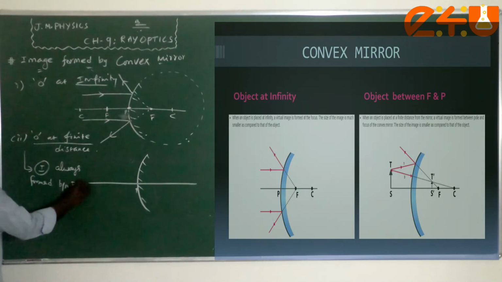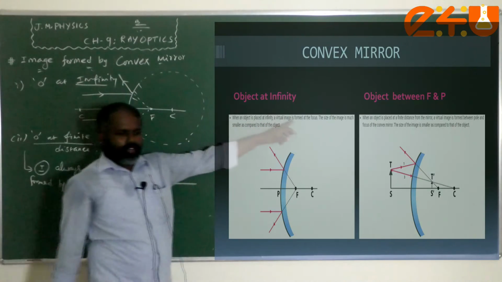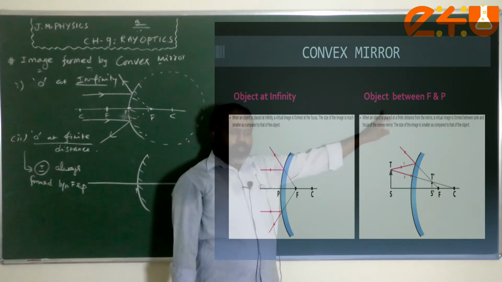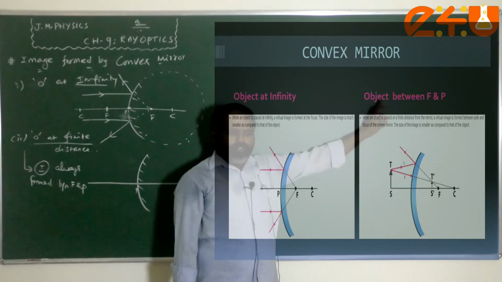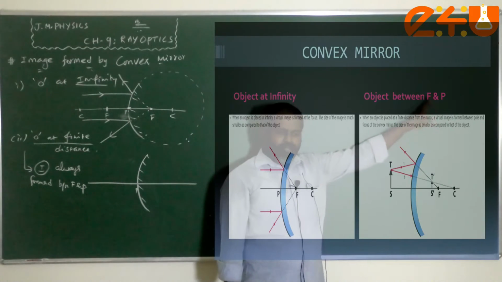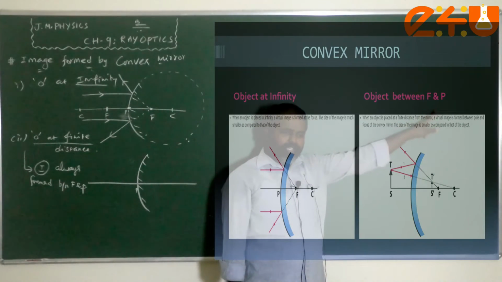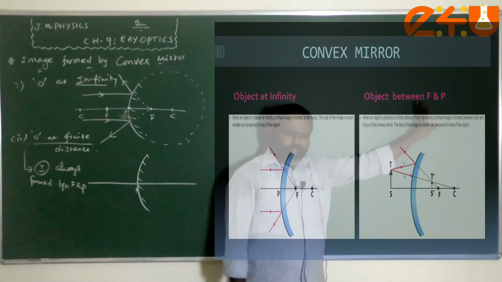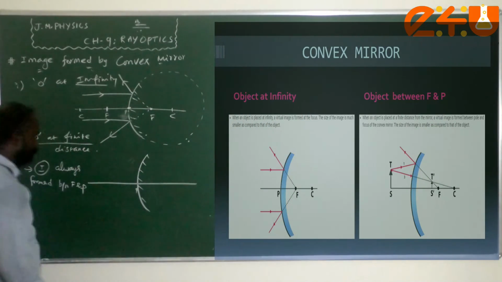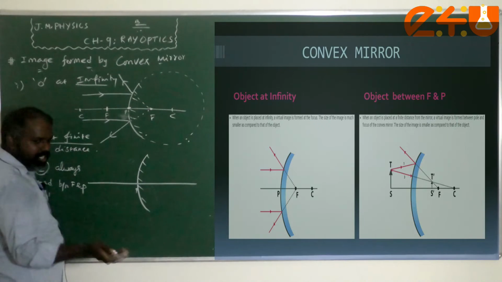In the slide I just took one position of the object as an example, but this is true for any case: when the object is beyond c, at c, between f and c, between p and f, or at f, the property of the image remains the same.